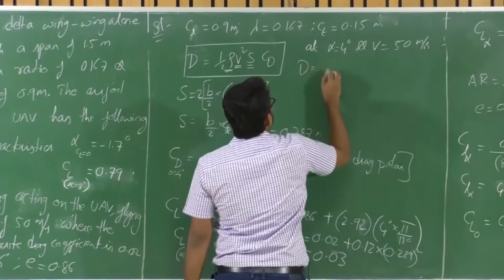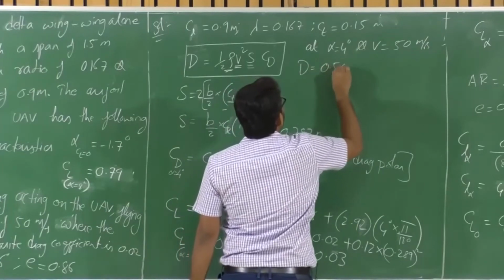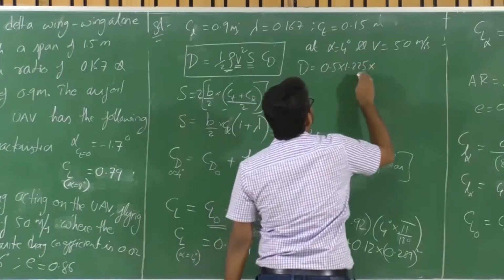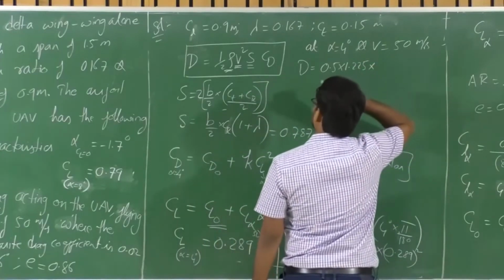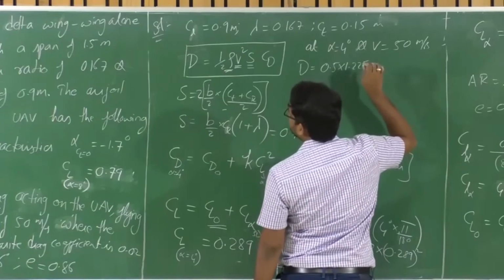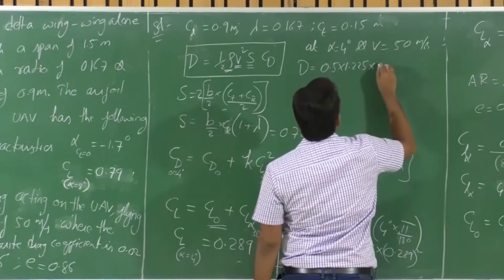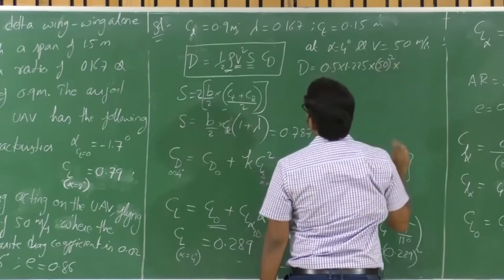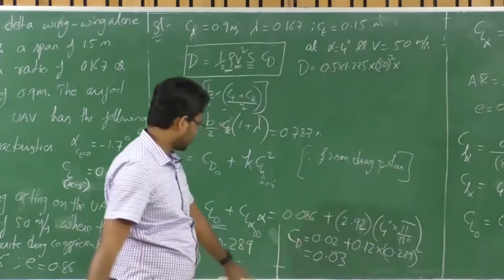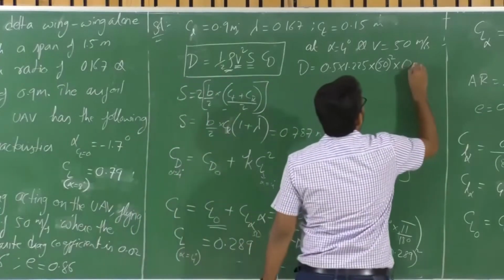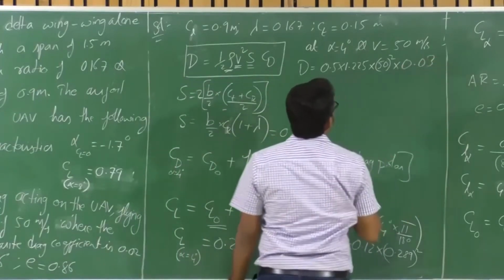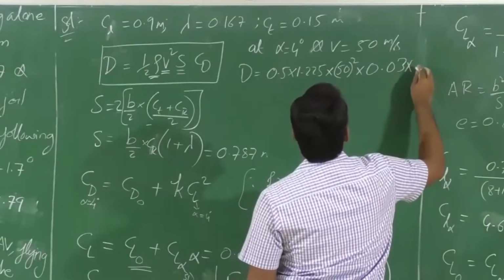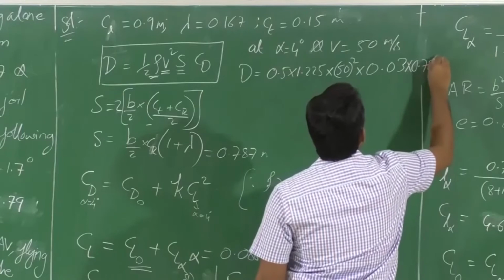So I have 0.5 times 1.2245, which is the density of air at sea level in kg per meter cube, times 50 square, multiplied by CD at alpha 4 degrees, which is 0.03, multiplied by the corresponding planform area, which is 0.787.